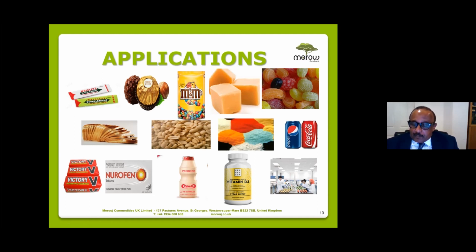Anyway, all these oil-soluble vitamins like vitamin D, and flavors, most of the flavors are oils, and also the food colors, all these products are spray dried with gum Arabic. Gum Arabic works as an encapsulating agent.